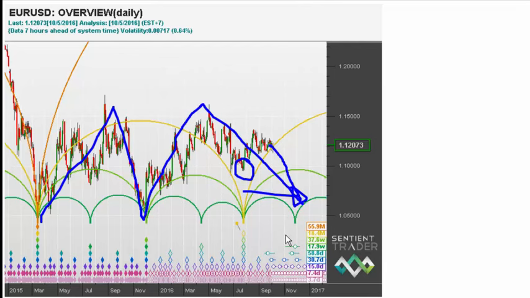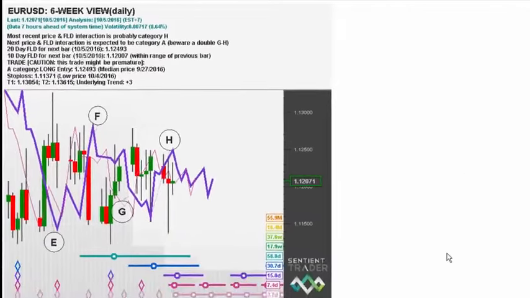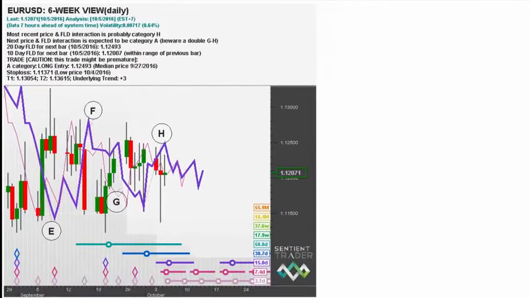Now, I mentioned earlier that we make these changes in such a way as to not really affect your trading as much as possible. And so if we take a look at the 6-week view again, you will see that, of course, the different analysis presents us with a different sequence of interactions between price and the FLD.